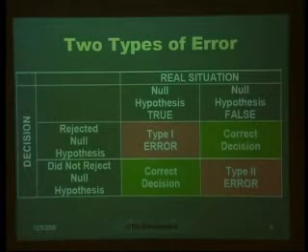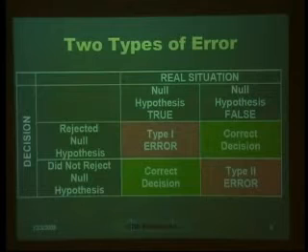When we are testing hypotheses, I can make errors. And there are basically two types of errors, and all that was discussed last month, but I'm just reminding you. So if in the real situation the null hypothesis is true, and I reject the null hypothesis, I am making a mistake.